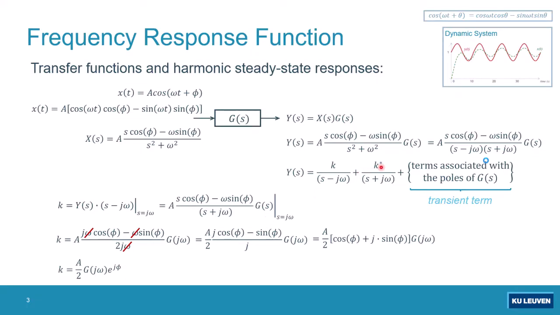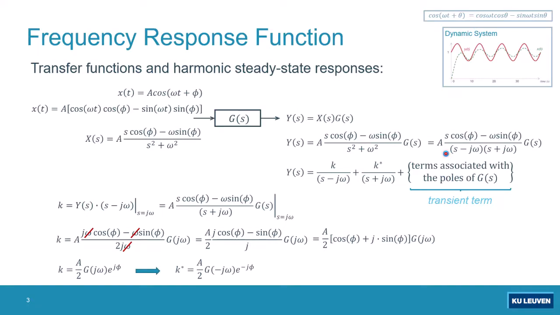I can take exactly the same steps as when we found k, but just to give you a hint, because s plus j omega is the conjugate of s minus j omega, intuitively k star is also the conjugate of k.